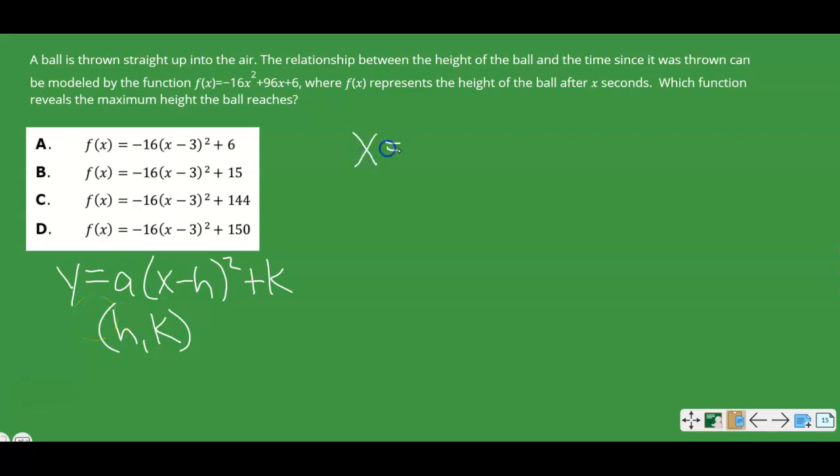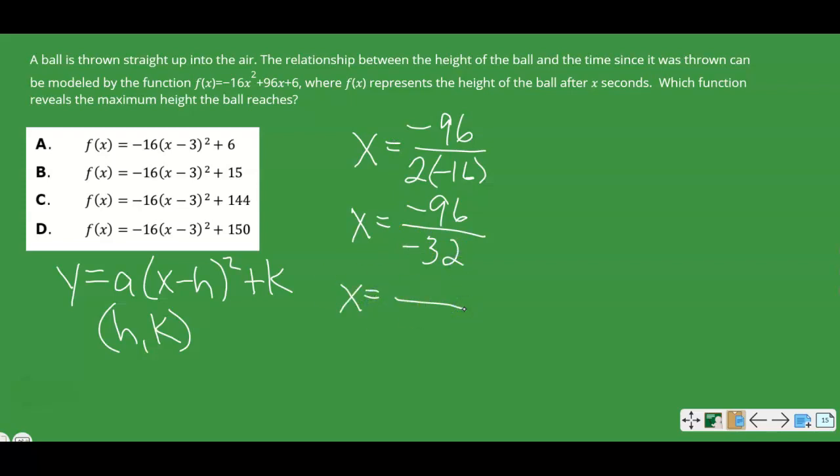So we can find our vertex by doing negative b over 2a. A is negative 16, B is 96, and C is 6. Remember, the A, B, and C come from your coefficients and your constant value. So x equals negative 96 over 2 times negative 16. 2 times negative 16 is negative 32.